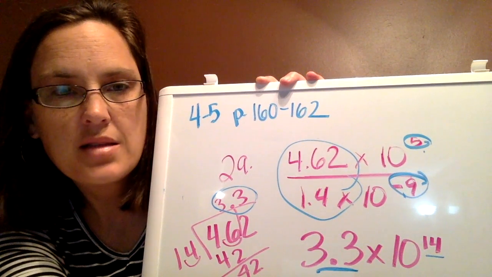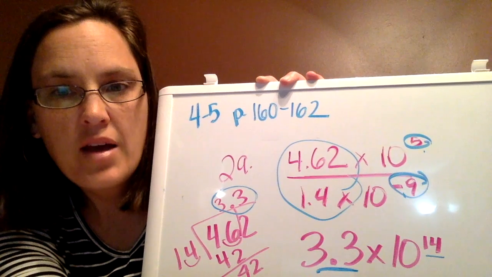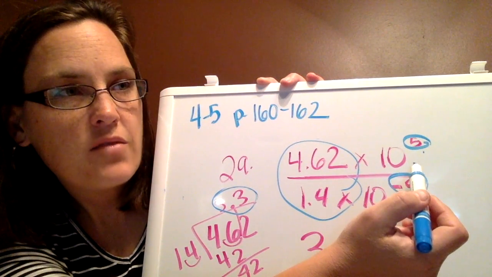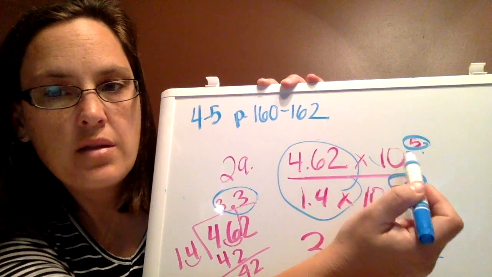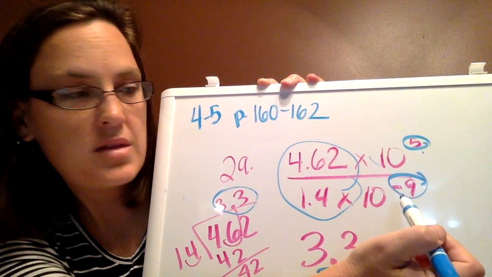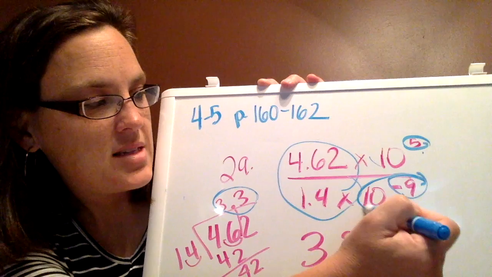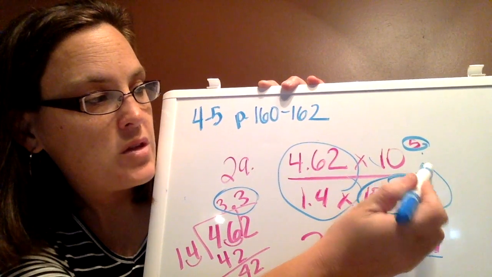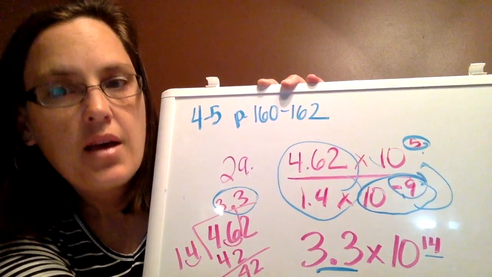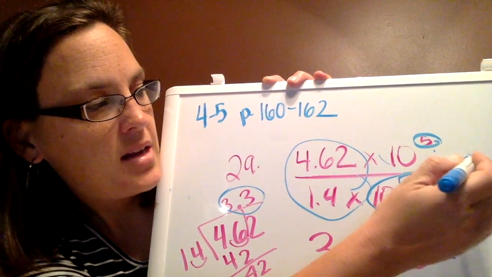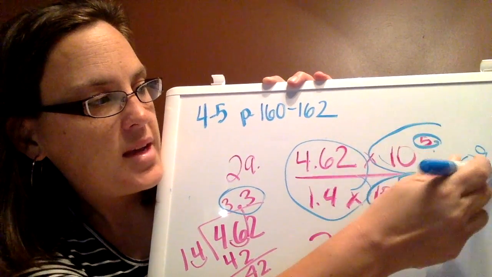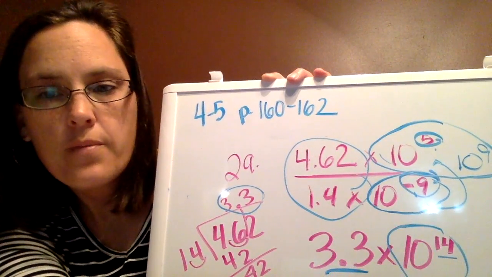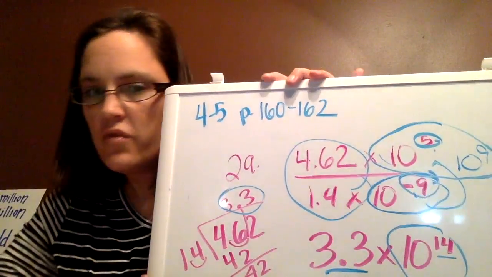So going back to lesson 4.2, a lot of examples had negative exponents in the numerator and we moved them to the denominator. But in this case, since the negative exponent is in the denominator, it's going to move to the numerator and become positive. And again, if 10 to the 9th power joins 10 to the 5th power, then we're going to get 10 to the 14th power. So that's an example of dividing.